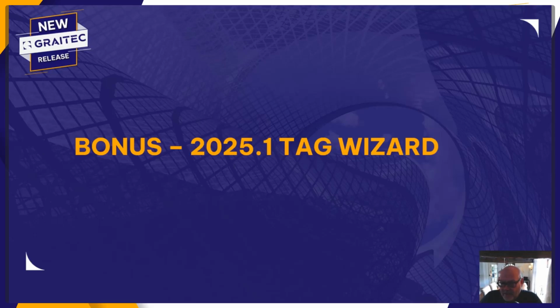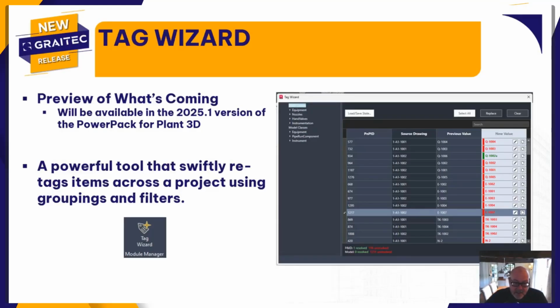This is going to really enhance the way you use existing data that you might be moving across from another project. So here is the Tag Wizard. I say, it will not be available in the 2025 version, but this is a sneak preview for you guys of what is coming in our next release, 2025.1.